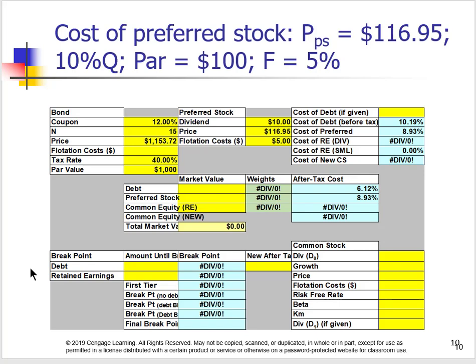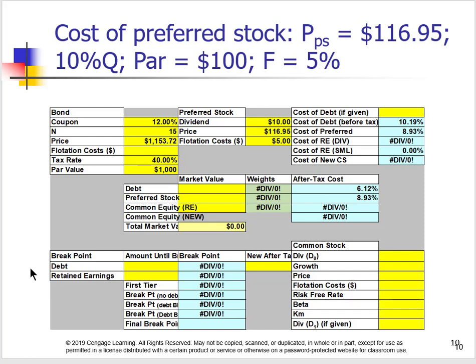So now let's look at preferred stock. For preferred stock, we have $116.95 as the price. 10% is the coupon. Par value is 100, and the flotation cost is 5%.